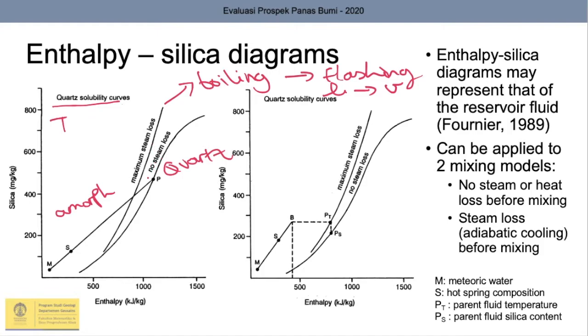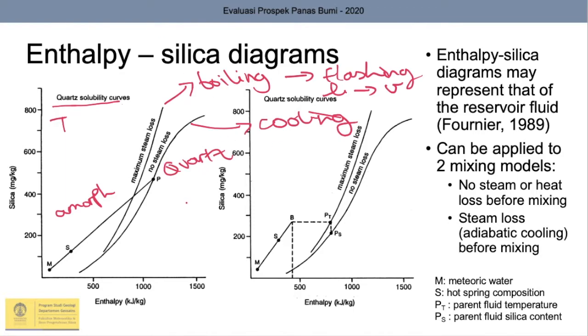However, if you have no steam loss, it means that we are dealing with a system that is quite stagnant or even cooling, because apparently the heat is not high enough for the steam and the liquid to separate from each other. So in order to use which one of these lines, we need to assess the concentration of the silica and also the temperature in the reservoir. We can usually back calculate the model to determine what is happening in the reservoir.